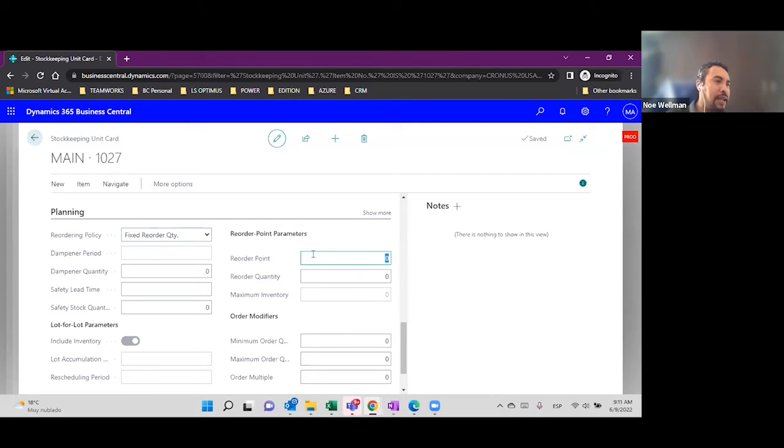With the fixed reorder quantity, the reorder point that I have here specifies a quantity which is the trigger for reordering your item. If your projected available inventory hits or drops below the reorder point, Business Central will suggest a planning line. And what is a planning line?